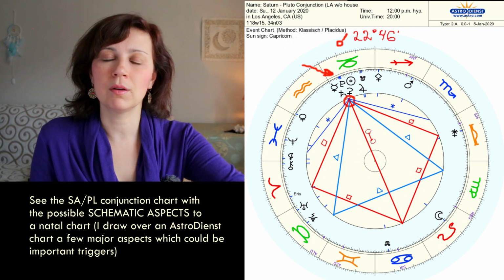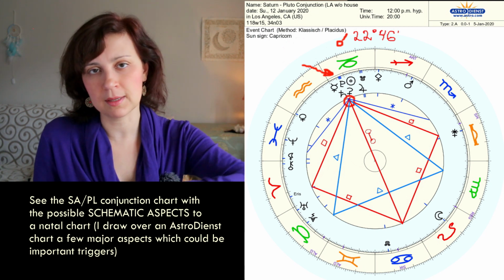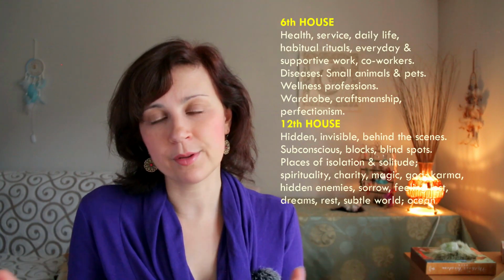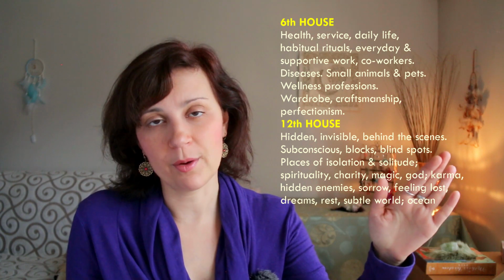Also, we take into account the opposite sign because it's an axis and events often happen at the same time along the axis. For example, first house and 7th house, second house and 8th house, third house and 9th house, fourth house and 10th house, fifth house and 11th house, and 6th house and 12th house.